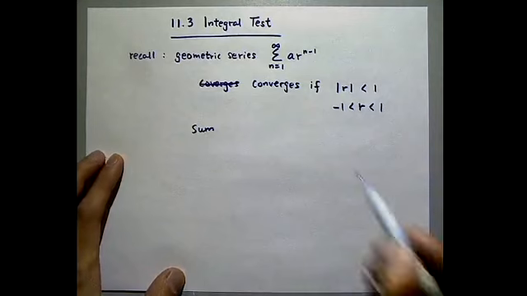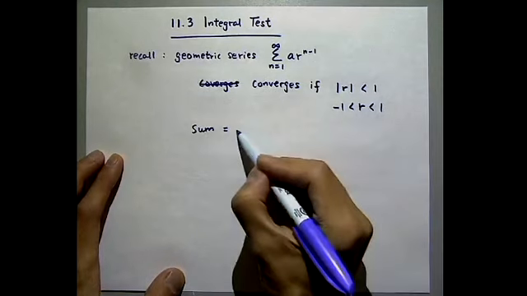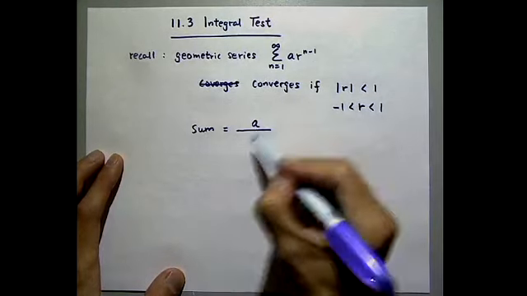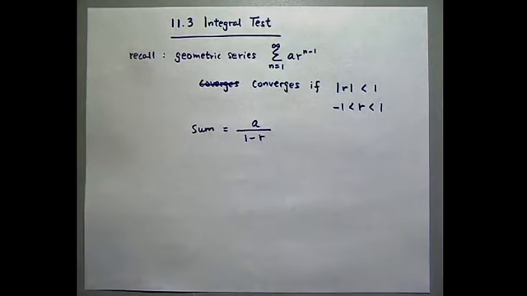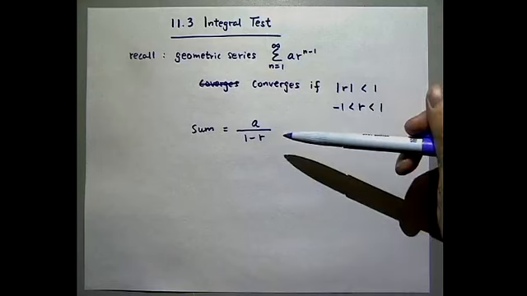What about the sum? Right? A over 1 minus R, right? The first term over 1 minus the common ratio. So that's the geometric series. Very nice series, easy to check, and easy to find the sum.